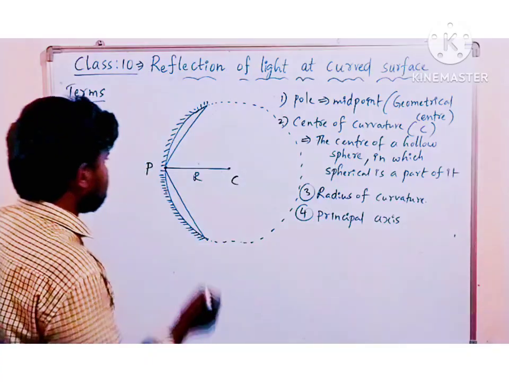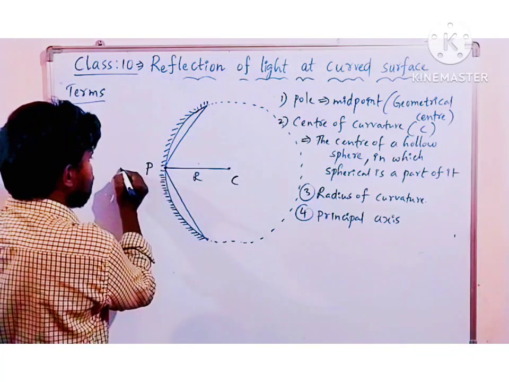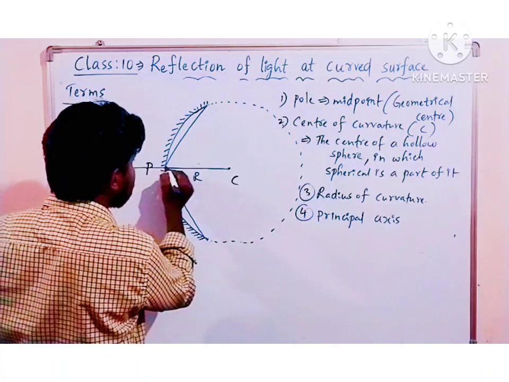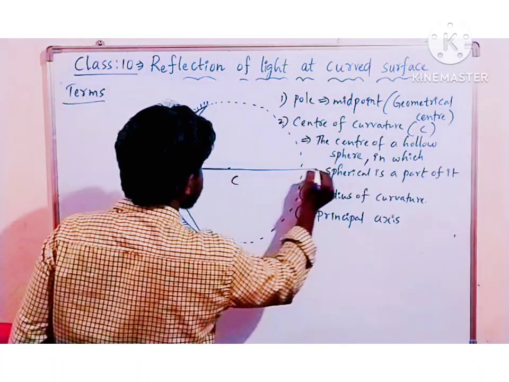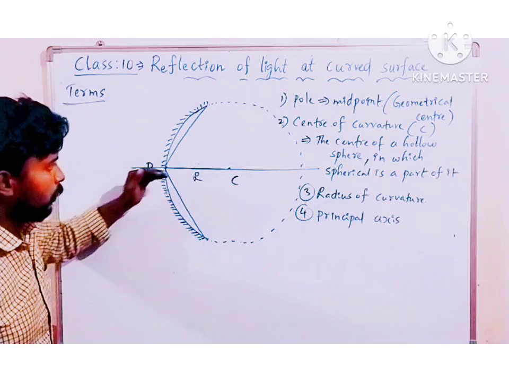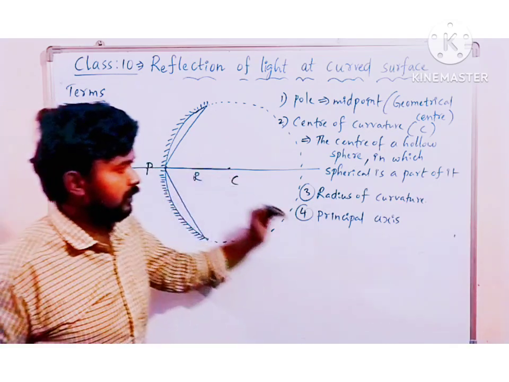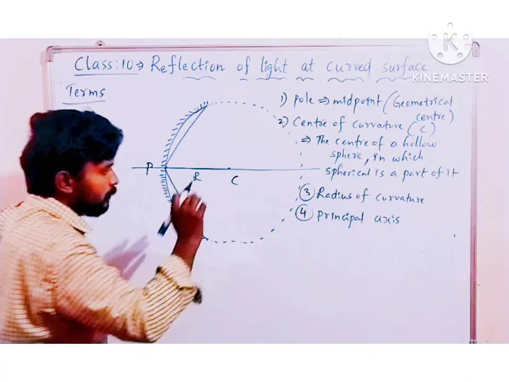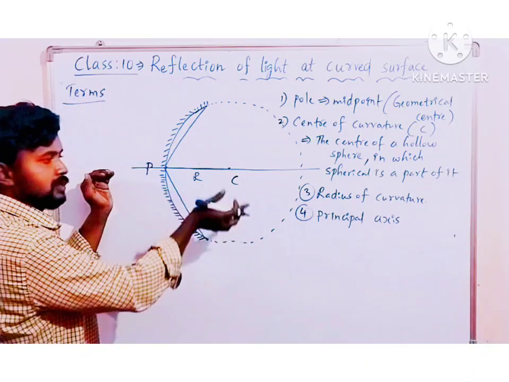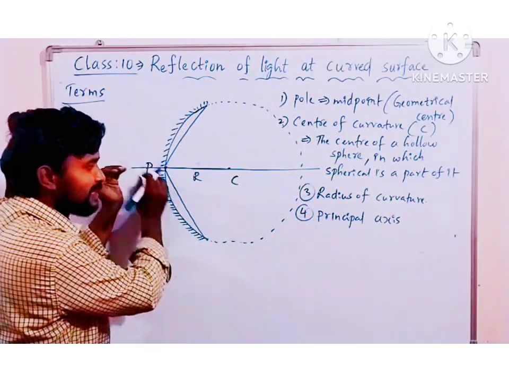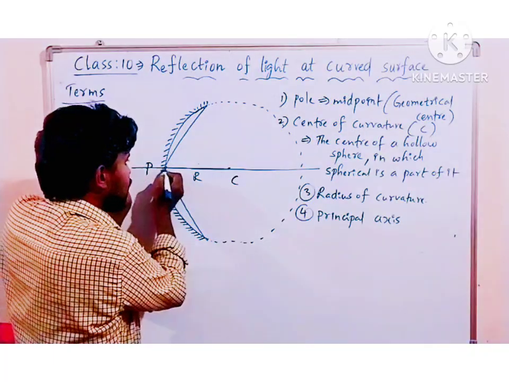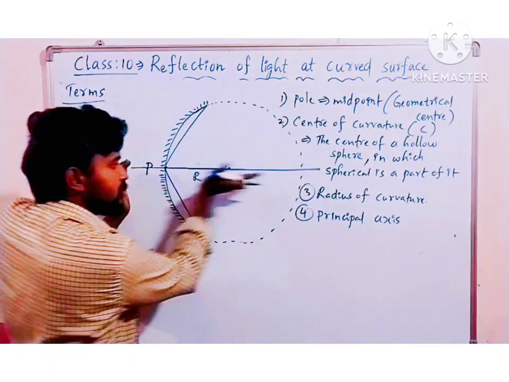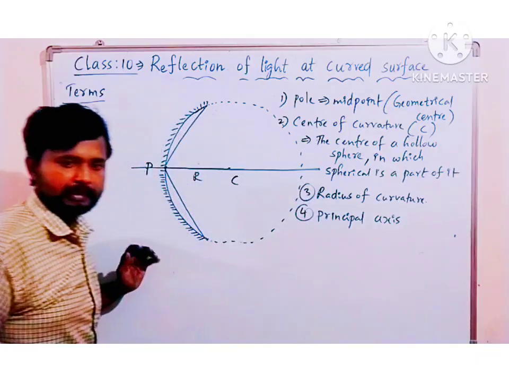Principal axis means the imaginary line which passes from the pole to the center of curvature. It is a horizontal imaginary line. Itla oka line itla pass avutadi, danni antaru manam principal axis antaru.